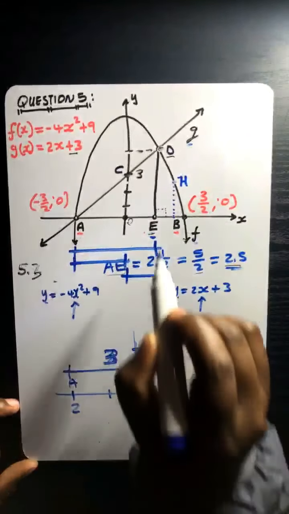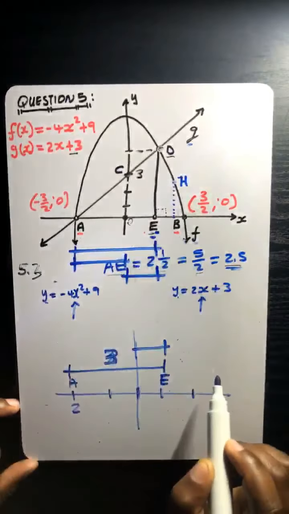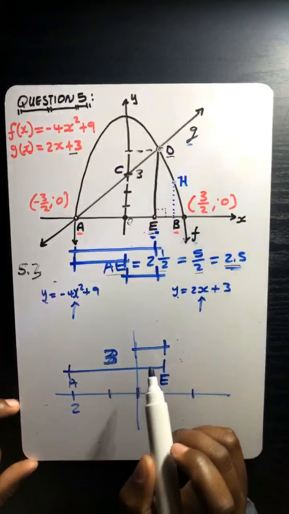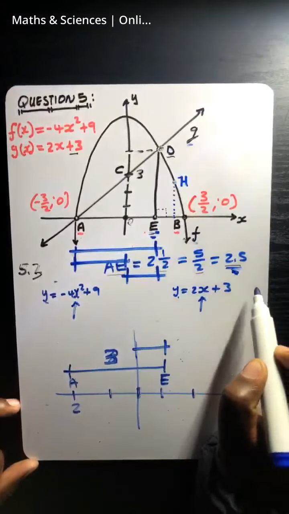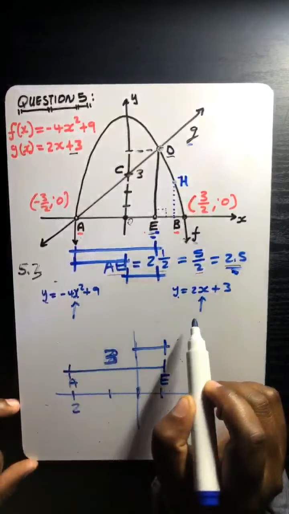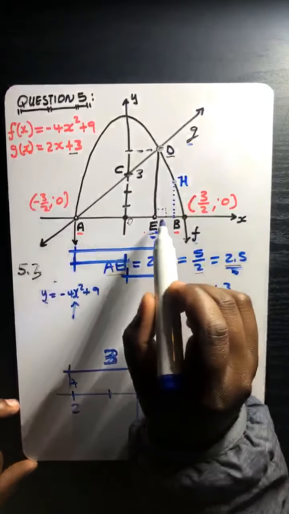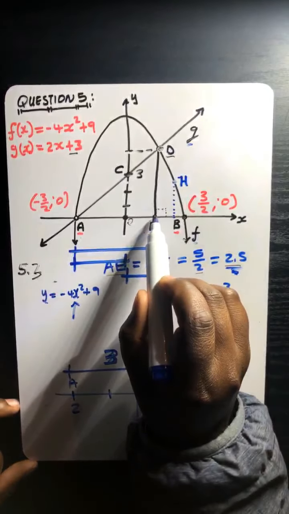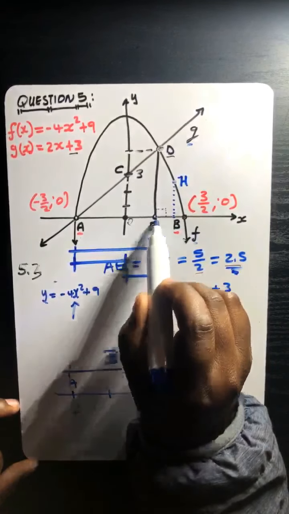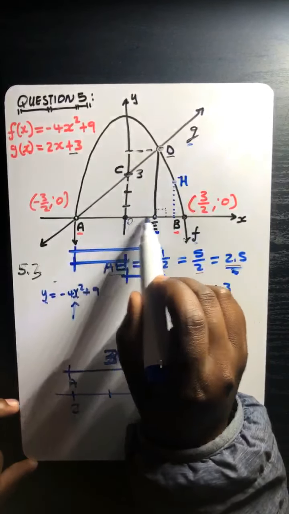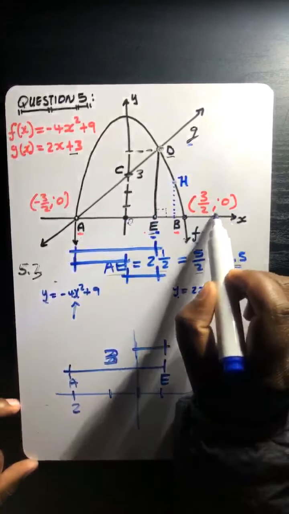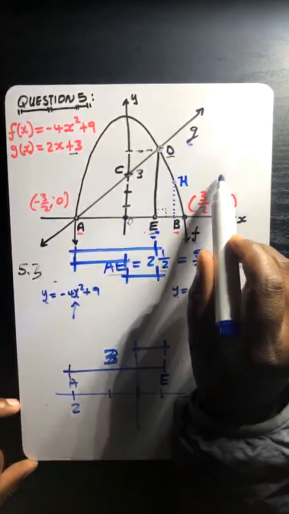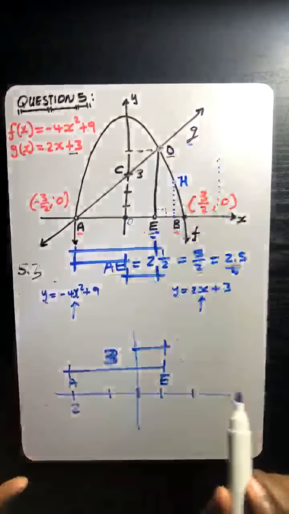Then we know the x value at E. Someone is going to use 2.5 as the x value and substitute it there, but then you are no longer using that point at E, because this point is 1, so you'll be calculating for the wrong point and get something completely wrong.